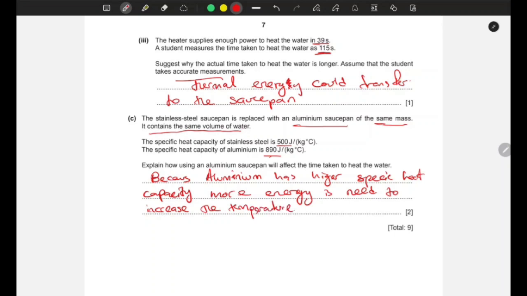So since more energy is needed, it takes longer to heat the water.